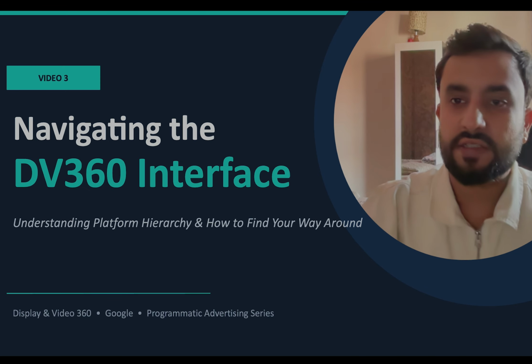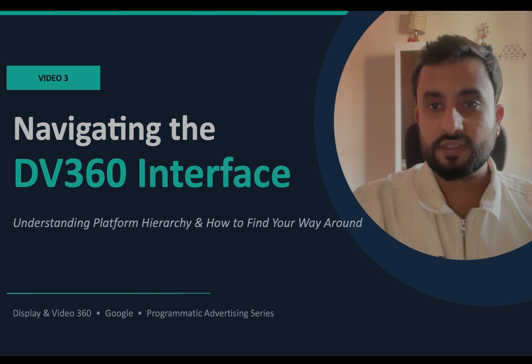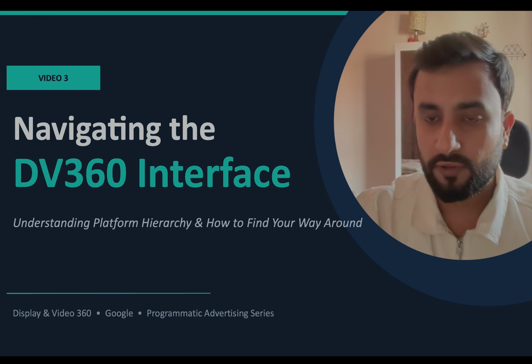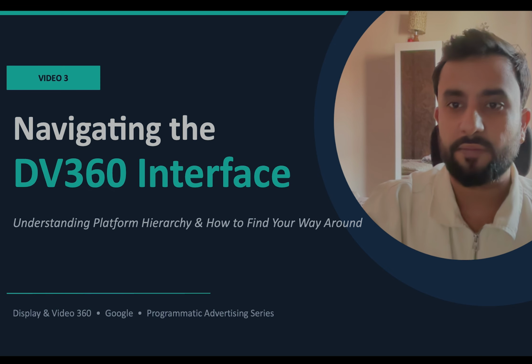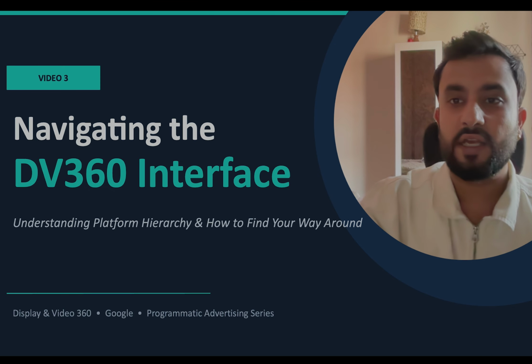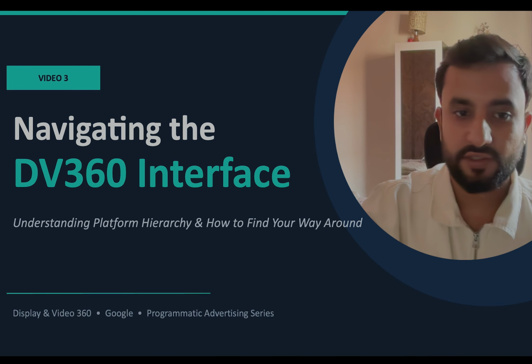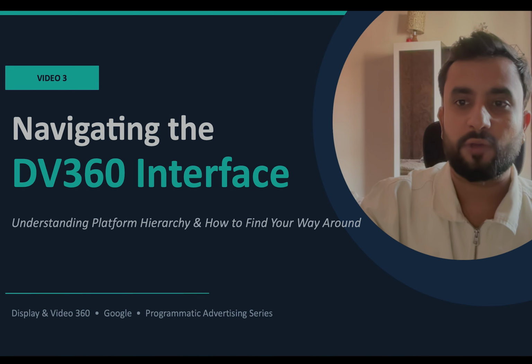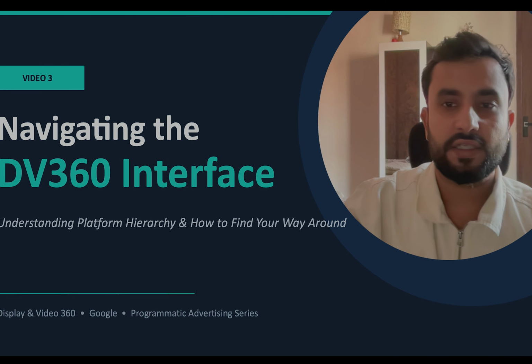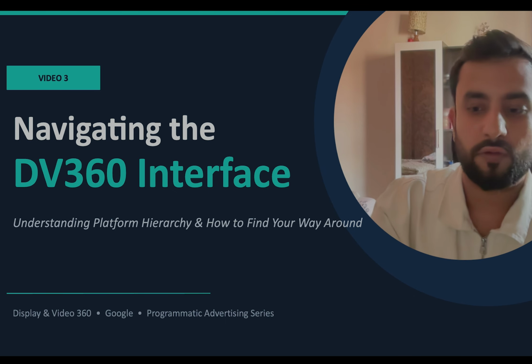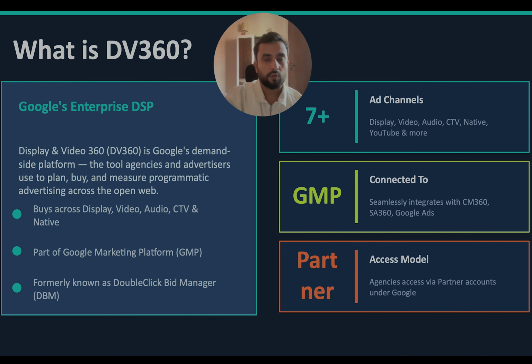Okay, we are discussing Google's platform, which was earlier known as Double Click Bid Manager. It's called DV360 or Display and Video 360. This is the programmatic advertising series, video 3 of it. Okay. So what is DV360?